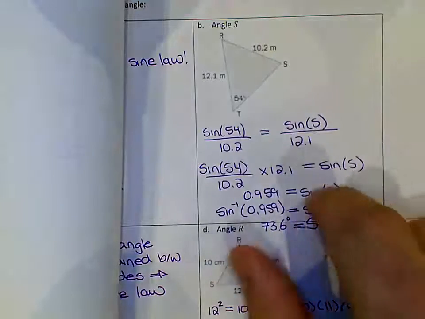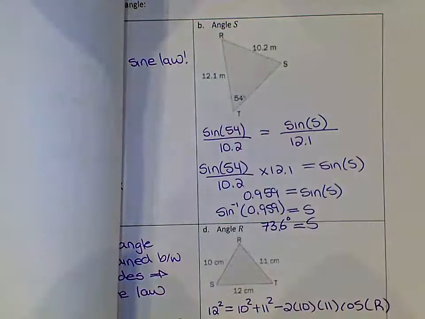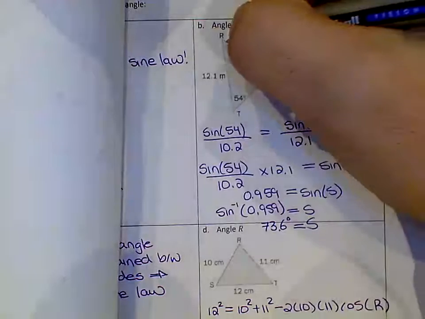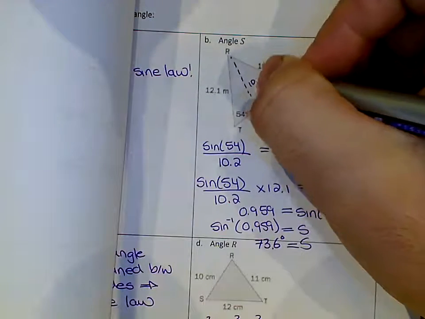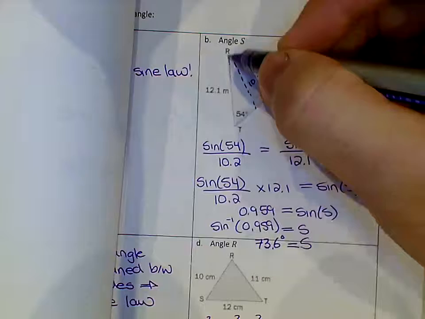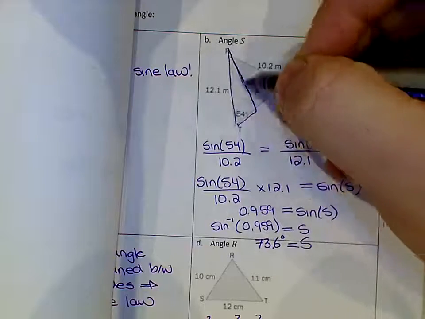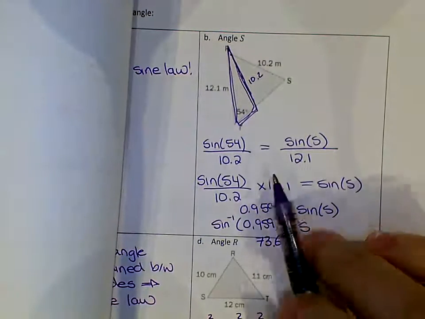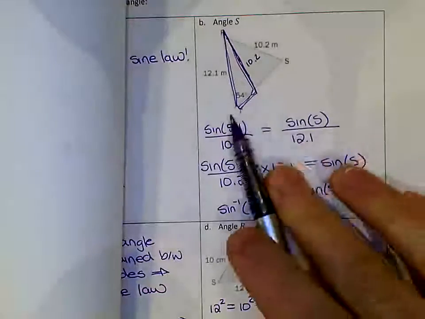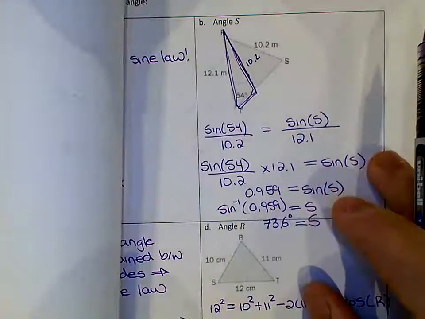With this information, we could probably draw two triangles that meet the criteria. So another triangle might be, for example, this, where this is equal to 10.2, and we get this small skinny triangle here. That could also work, right? So again, the ambiguous case is when you can draw two different triangles for the given information.